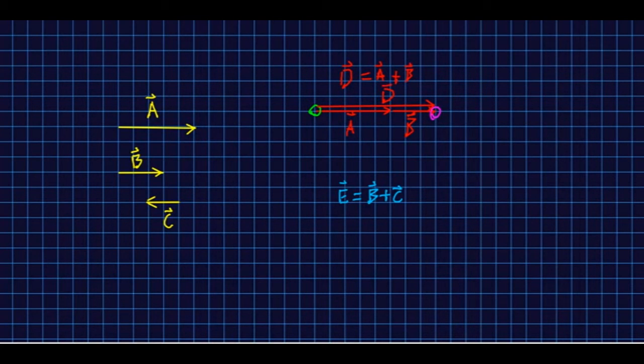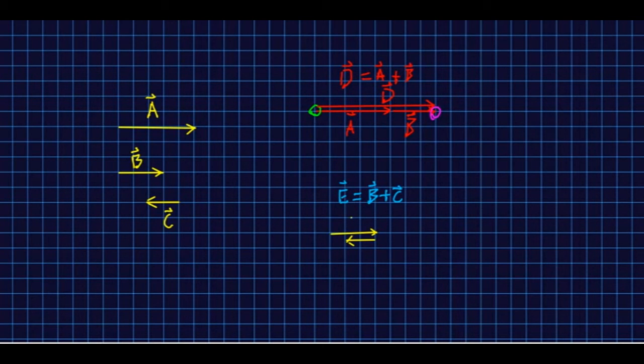Now let's look at when they point in opposite directions. So again, I'm going to draw B like so. So here's B. Now if I try and draw C right on top of it, it's going to be difficult. So I'll draw C just a little bit displaced, like so.